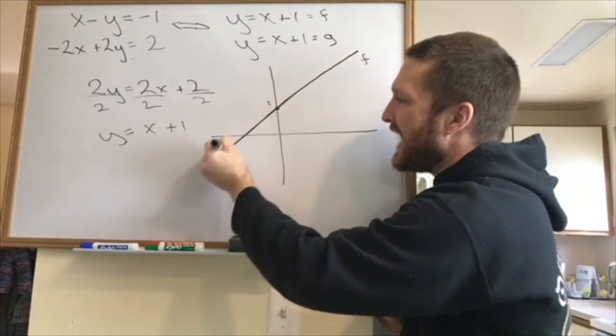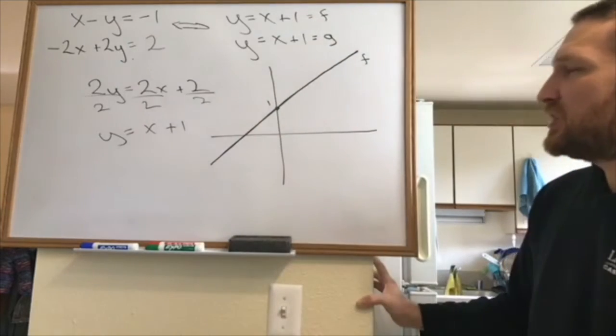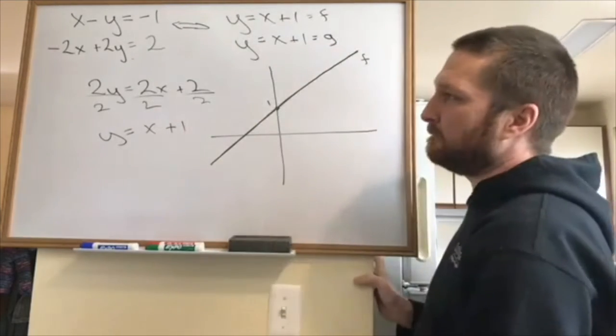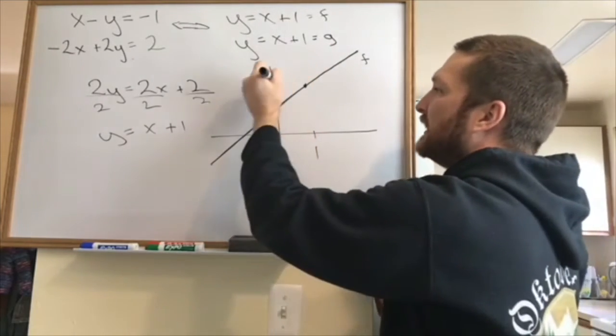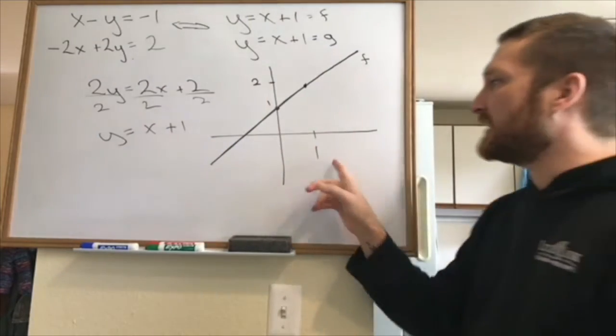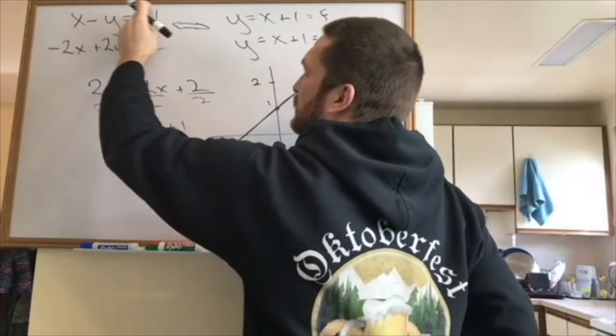So if we were to ask what is the solution to it? Well, there are infinitely many solutions to this system. In fact, any point that satisfies the first, so I plug in a 1, I get out a 2, is going to satisfy the other one. When x equals 1 and y equals 2, you get 1 minus 2 equals -1.